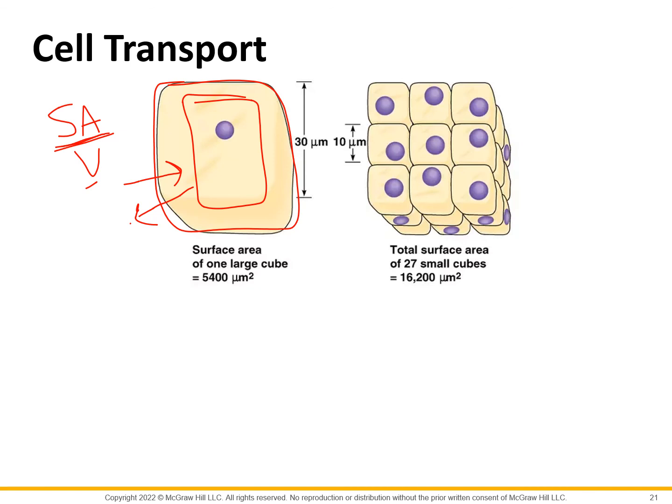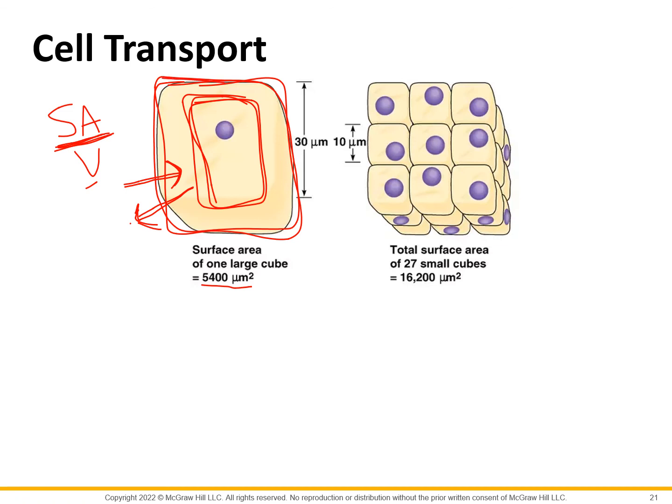So for a cell to function, it needs to have sufficient surface area to allow enough nutrients to come in and to release all the waste products in order to support the biochemistry, the metabolism that's going on in the cell. So for a cell to be good and functional, you want a very high surface area to volume ratio. If you have one individual cell that large, you only have 5,400 micrometer squared of surface area.